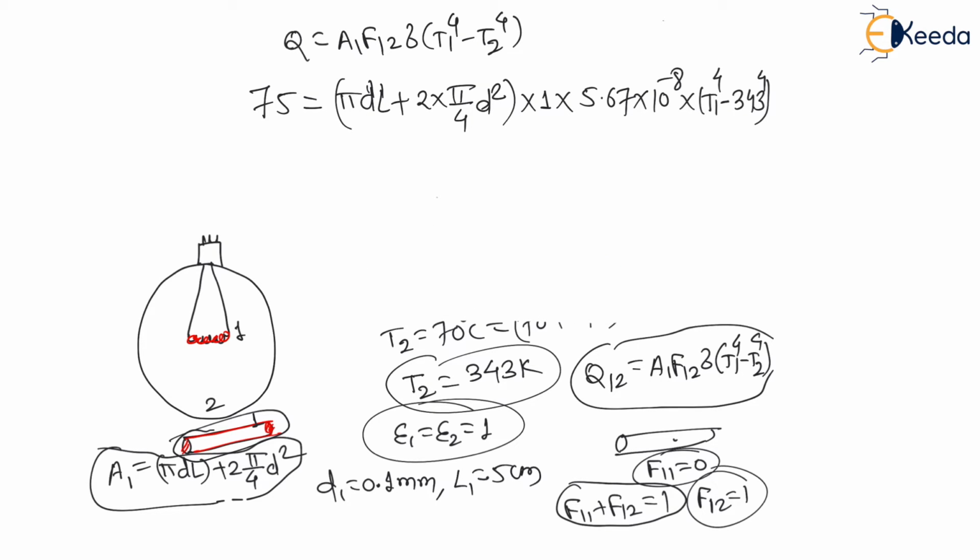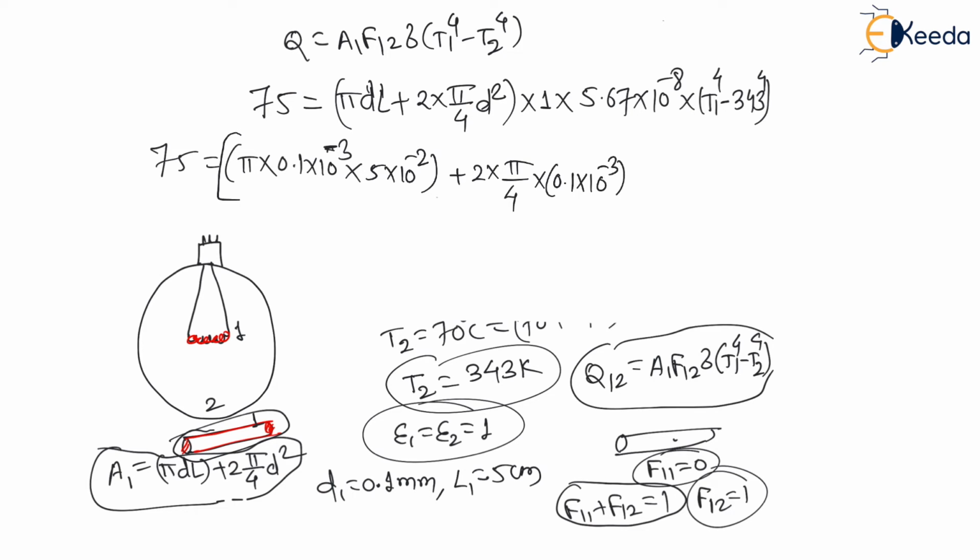Now my dear students, here we can simplify this equation. 75 is equal to pi into diameter 0.1 mm, converted into meter, therefore 0.1 into 10 to the power minus 3 meter, into length 5 centimeter, converted into meter, therefore 5 into 10 to the power minus 2 meter, plus 2 into pi by 4 into diameter square, diameter is 0.1 into 10 to the power minus 3, whole square.